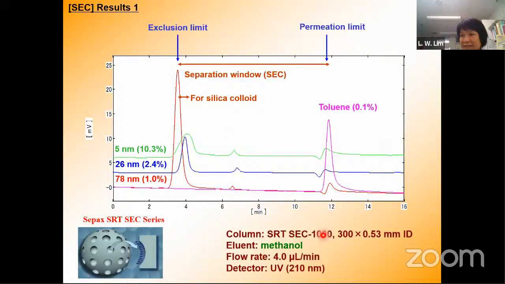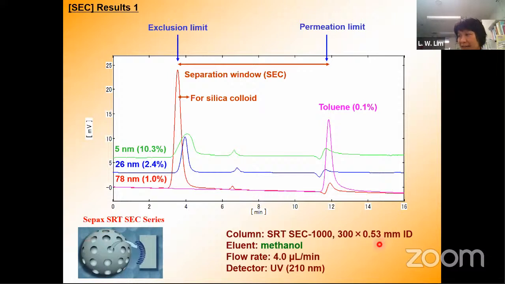The 1000 is the product name for the company. If you want to know more details of the packing materials, you can Google Sepax SEC 1000. Then you will know the pore size, the pore volume, and the mesopore volume also.